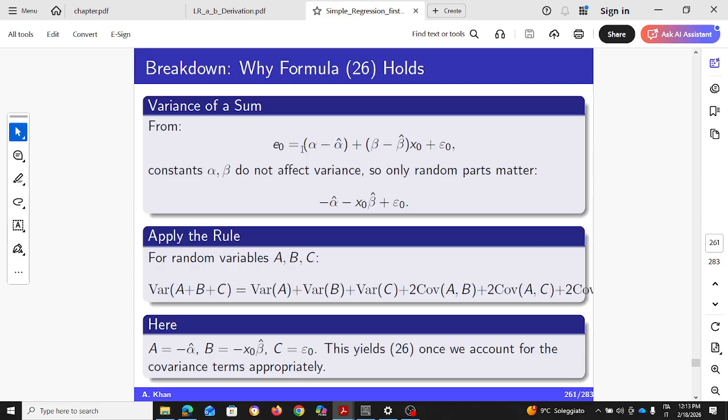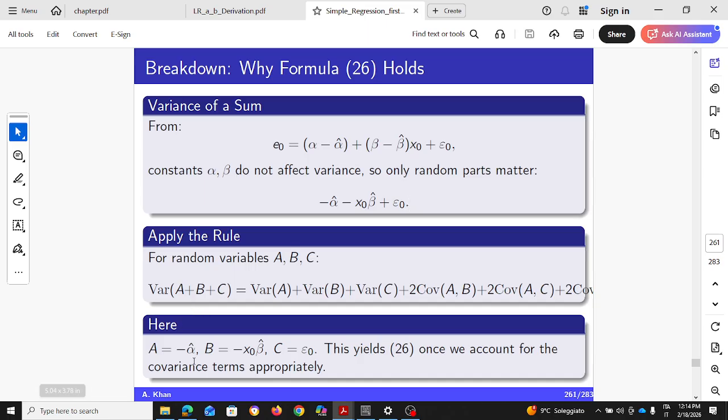How is it? We have this. Alpha and beta are constant, so let's remove them. We have this now. And we know that for random variables, if we have the variance of A plus B plus C, we can write it like this: variance of A, variance of B, variance of C, plus 2 times covariance of AB, plus 2 times covariance of BC, plus 2 times covariance of CA.